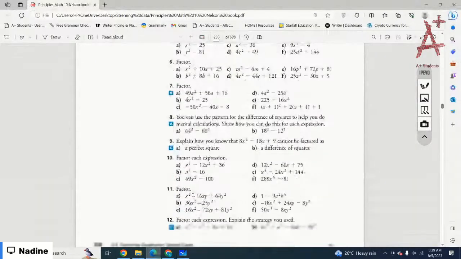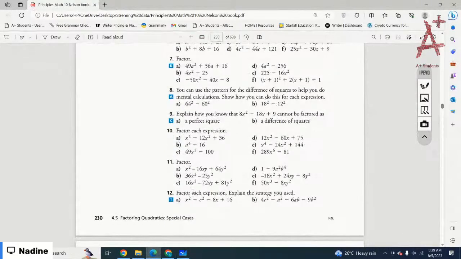Okay, question number 10 is x to the power 4 minus 12x square plus 36.